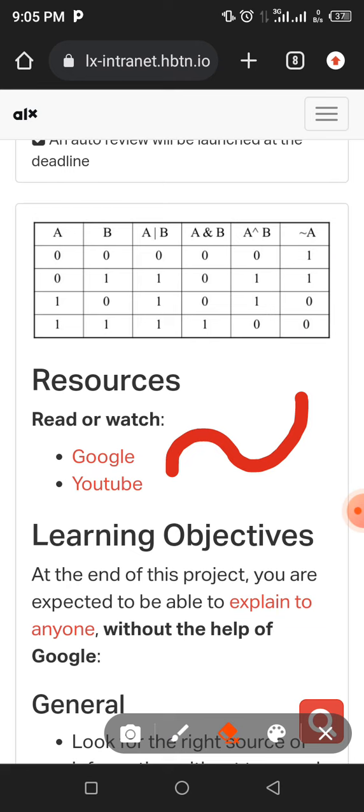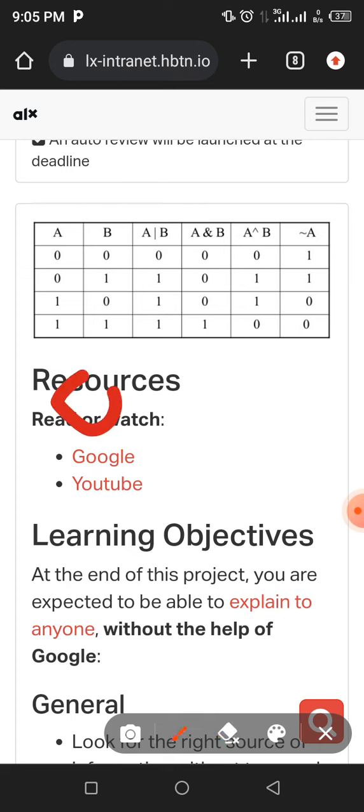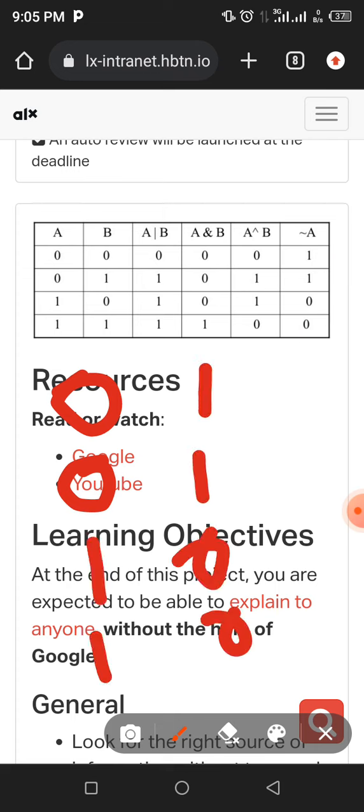So for instance, we have 0, 0, 1, 1. It's going to be the opposite, which is 1, 1, 0, 0. Can you see that? Or let me get rid of this.